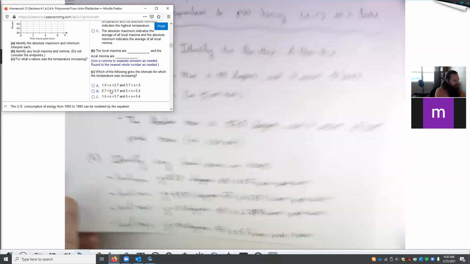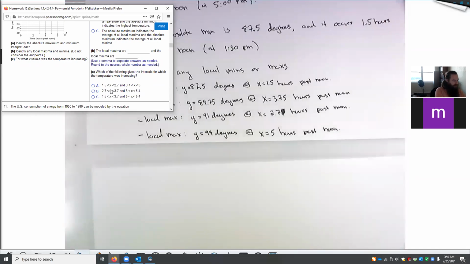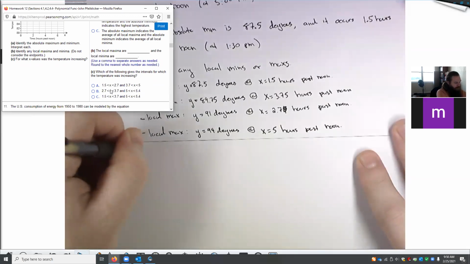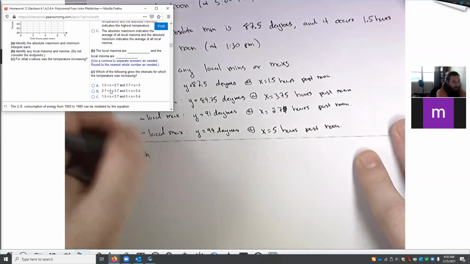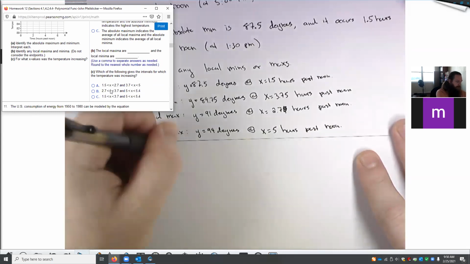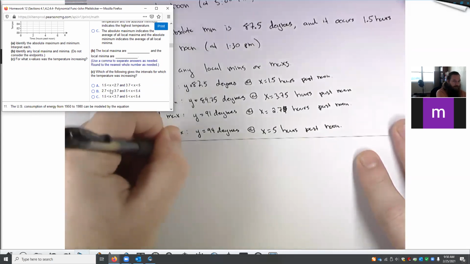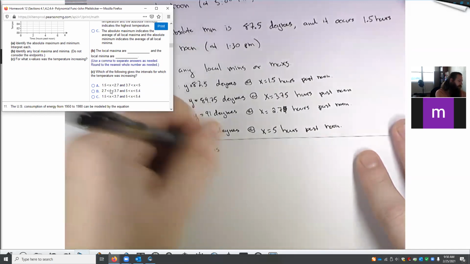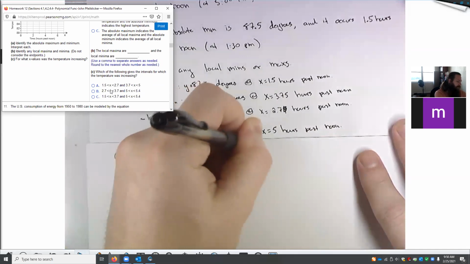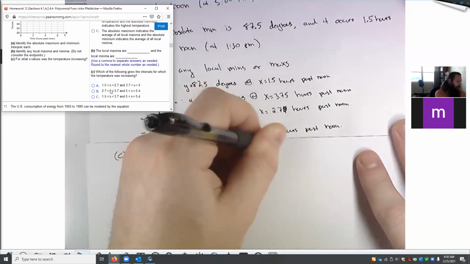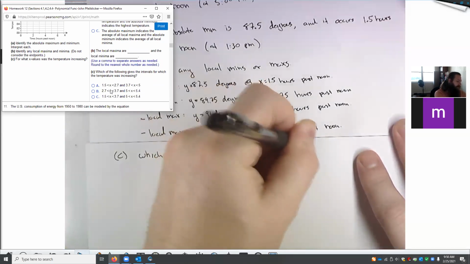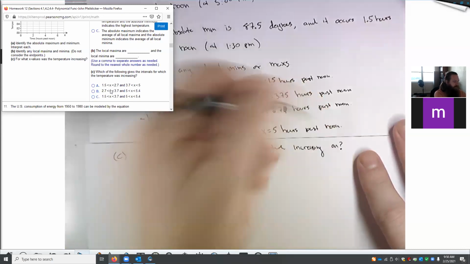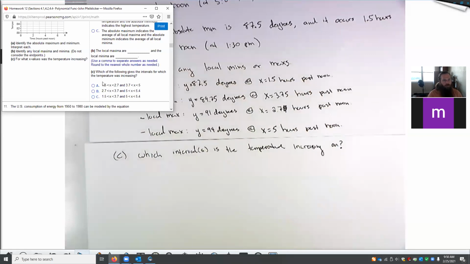So our last bit, part C. On which interval is the temperature increasing?